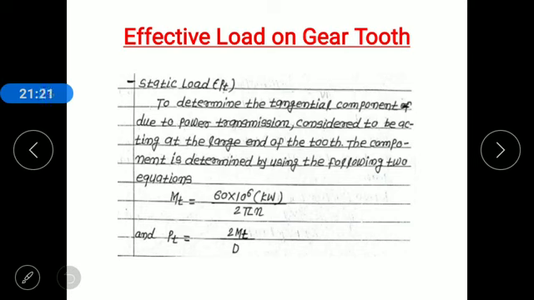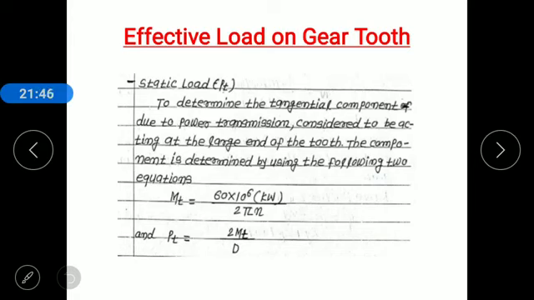To determine the tangential component due to the power transmission, considered to be acting at the large end of the tooth, the component is determined by using two equations. Torque Mt is equal to 60 into 10 to the power 6 into kilowatt divided by 2 pi n, and the tangential force is 2 times torque divided by d.